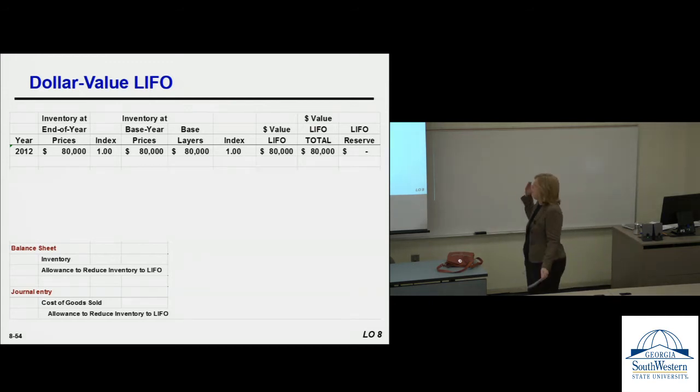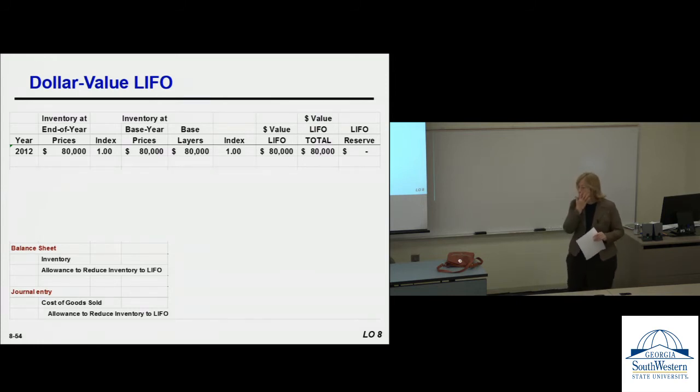So our end-of-year price inventory is $80,000. And our dollar value LIFO price, see on the far right, is $80,000. And how did we get that? Okay, we took our 80,000, we divided it by 1, we got 80,000, then we multiplied it by 1 and got 80,000, and so that's our layer, 80,000.